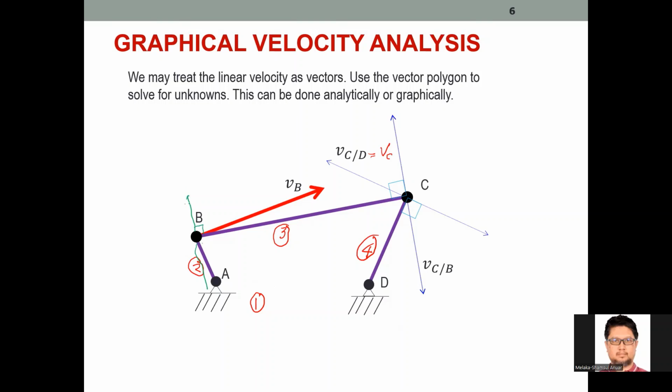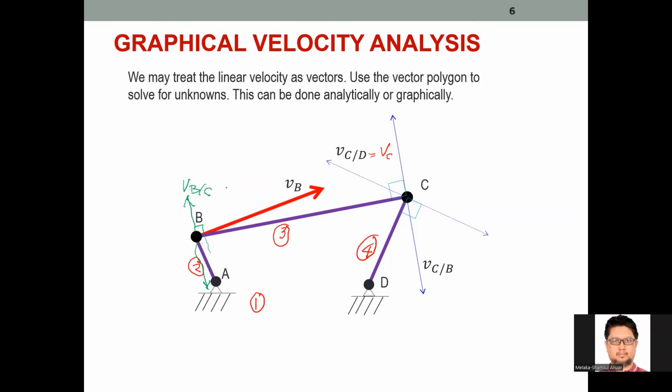If this is the case, then this one will be VB/C.